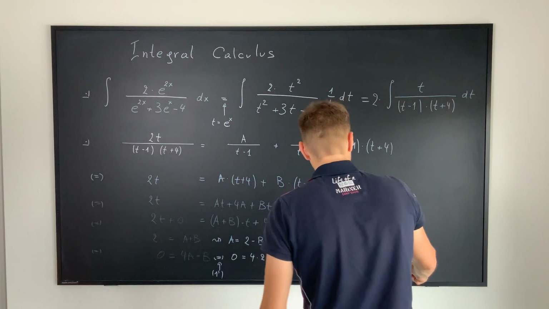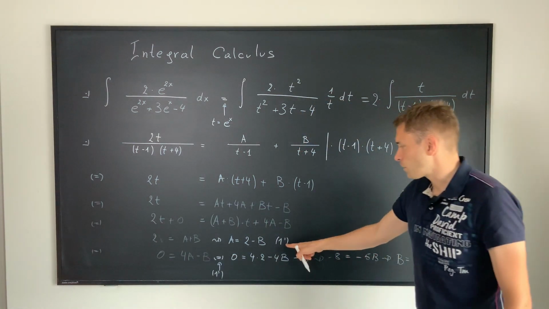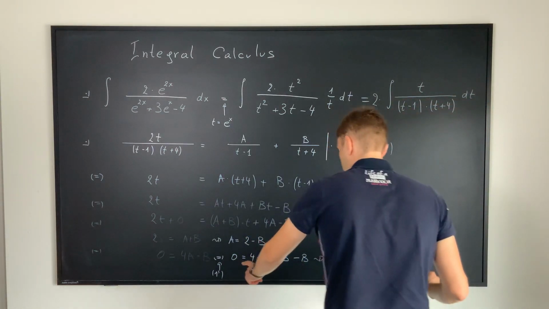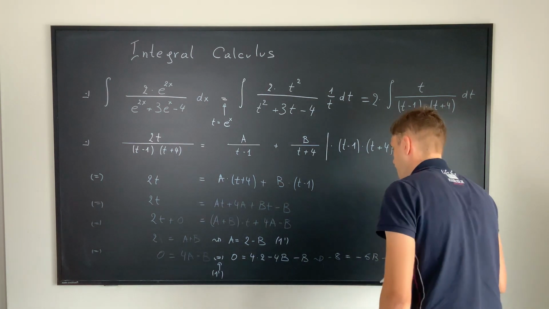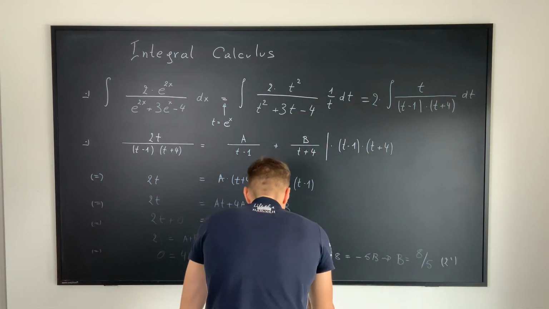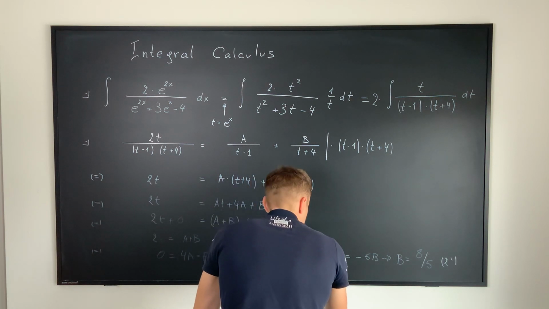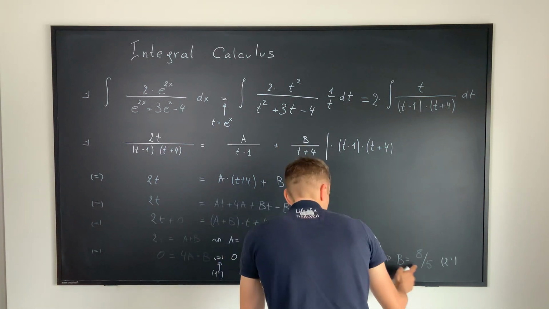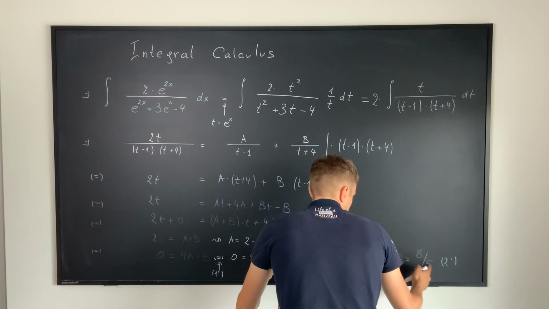So we found the expression for b, and now we can go back to equation 1 prime and determine a. Let's call this expression 2 prime. With this, we have an equivalence saying that a equals 2 minus b, and b is nothing else than 8/5.